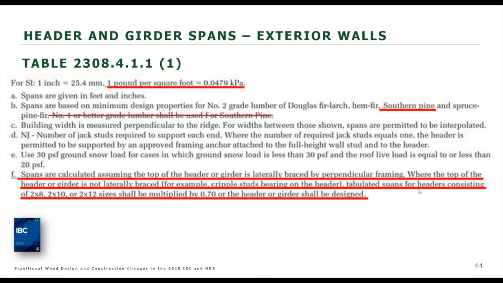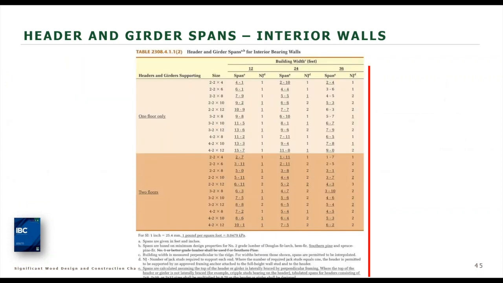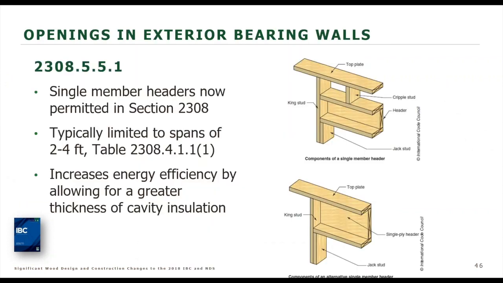And so here, if the header is dropped, then for 2x4, 2x8, 2x10, and 2x12, the spans that are calculated need to be reduced by 30%. And that's reflected here in the footnotes.